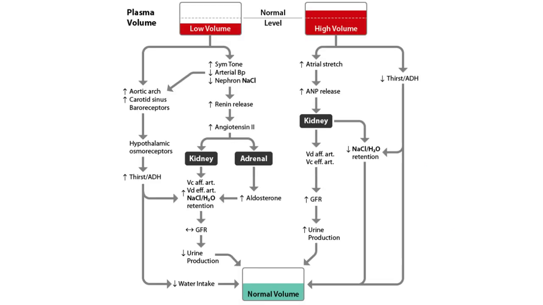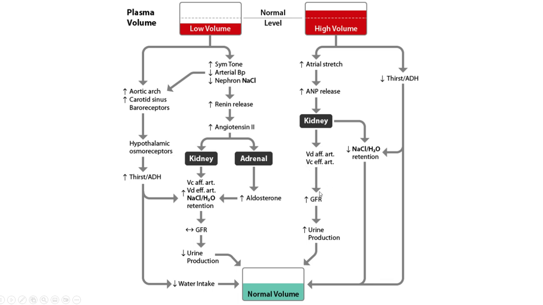Okay. So here you can see a nice graphic showing what would happen in the event of increased atrial stretch. So again, increased volume, increased atrial stretch, increased atrial natriuretic peptide release. This right here is referring to what's happening to our afferent and efferent arterioles. These are two blood vessels in the kidney leading into something called the glomerulus. So you get vasodilation of the afferent arteriole that goes into the glomerulus. You get vasoconstriction of the efferent arteriole.